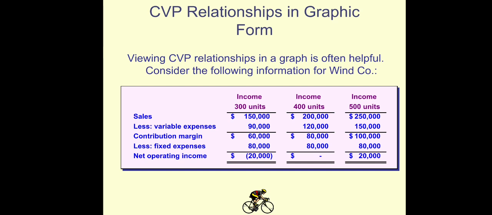The format is like this: total revenue minus total variable expenses equals contribution margin, minus total fixed cost equals profit or loss. The second thing that you have learned is contribution margin. There are two aspects of contribution margin: total contribution margin and also unit contribution margin.